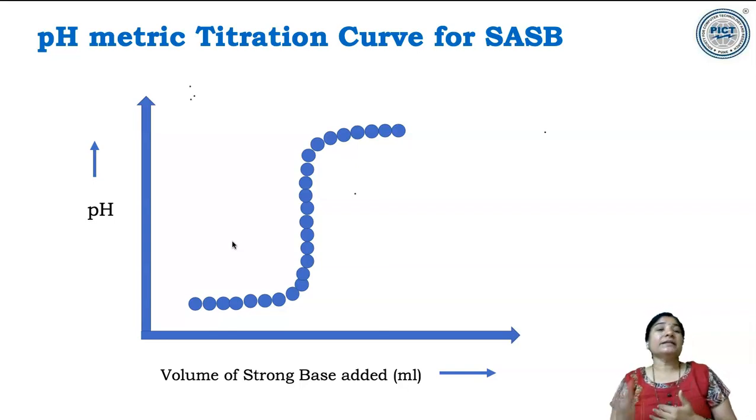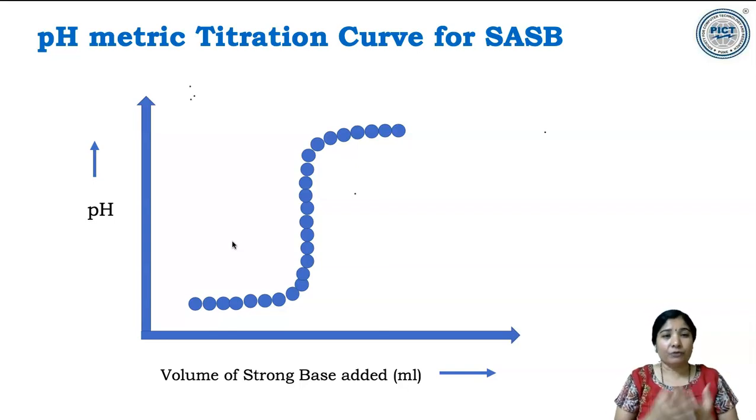So if I see that curve, it's an S-shaped curve for the SASB titration. This is a pH metric titration curve for strong acid, strong base. Now, what is the use of plotting this?